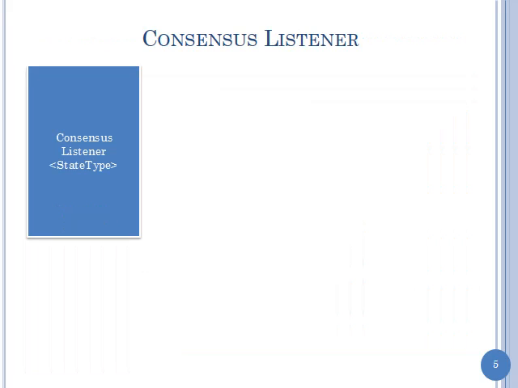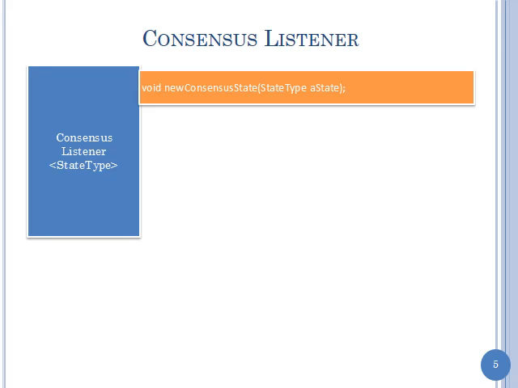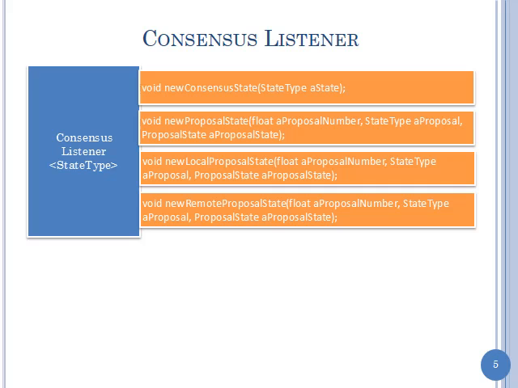And in my consensus listener, you can get the new consensus state. You can say, okay, tell me whenever there's a new consensus state. Or, and I don't know whether we need this or not, we can say, oh, this particular proposal's state has changed this way. So the new consensus state tells you what the new state is.